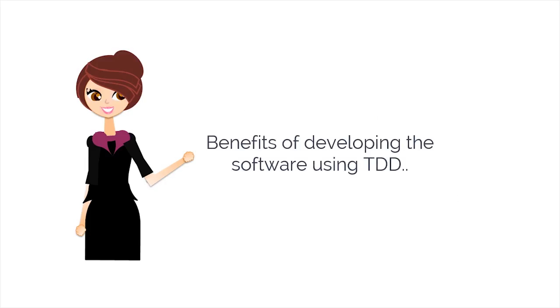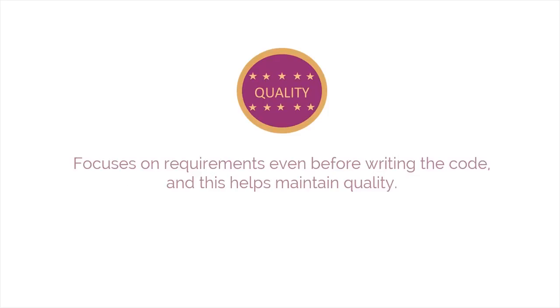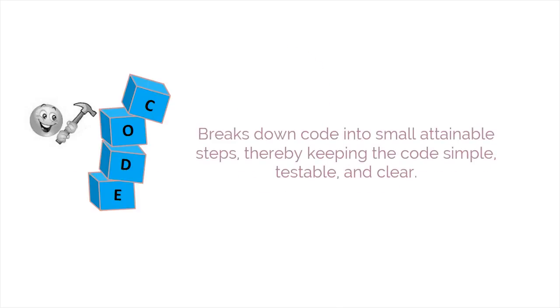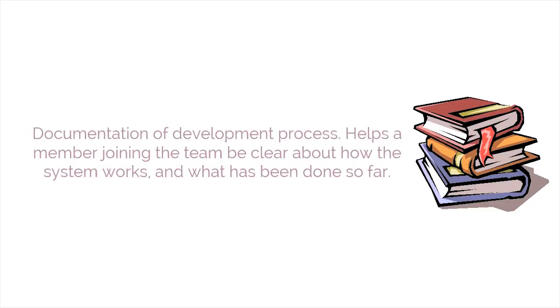What are the benefits of developing software this way? First, TDD focuses on requirements even before writing the code, and this helps maintain quality. Second, it breaks down code into small, attainable steps, thereby keeping the code simple, testable, and clear. Third, TDD provides for documentation of the development process.